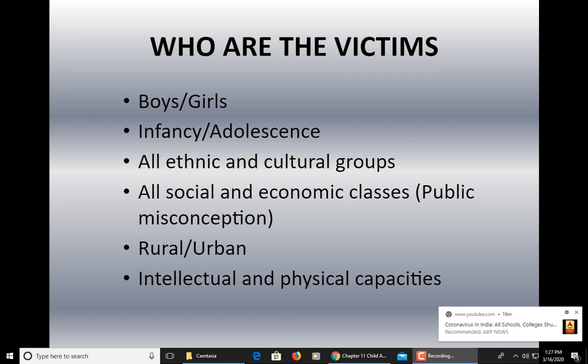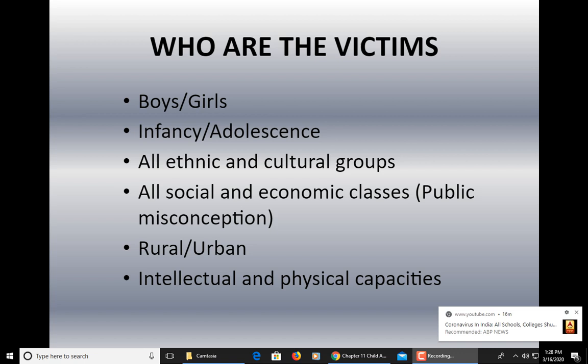But that last bullet will have more vulnerability and more chance for victimization based on your intellectual or physical capacities. Children with mental disabilities are easier targets. They don't understand what's happening to them, and if it does happen to them, they have a hard time voicing or explaining the abuse to a responsible adult.